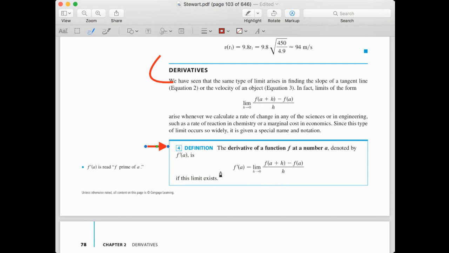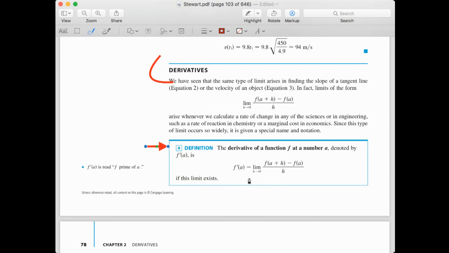What is this thing? The slope of the tangent line at the point a, f of a, is called the derivative of the function at the point a. So those two things are equal to each other.